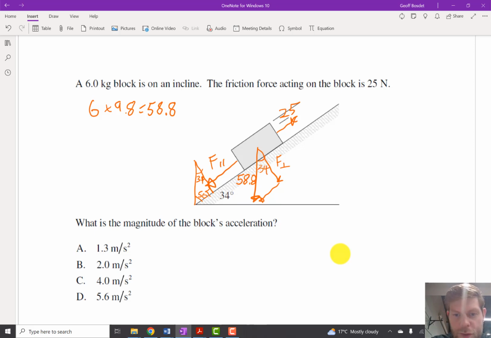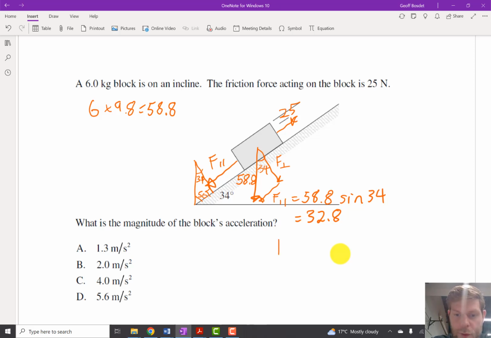So we just need to find our F parallel here, which is just 58.8 times sine 34, because that'll give us the opposite to the hypotenuse. So we plug that in. We got 58.8 times 34 sine, and so that'll give us 32.8. So then we can just do a big minus small equals ma.